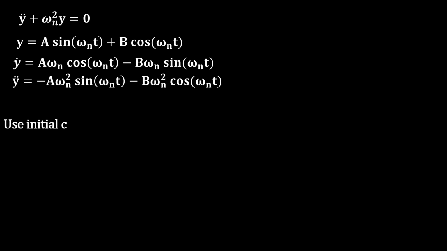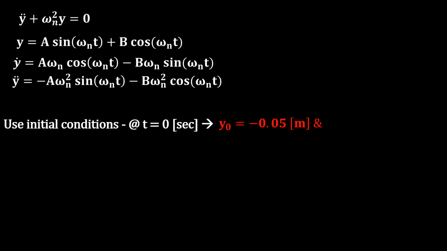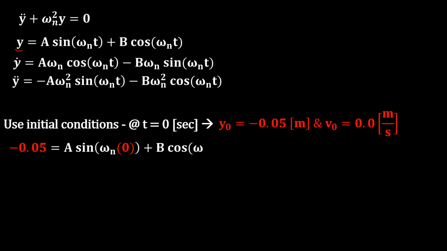And now what we will do is we will use the initial conditions that we got to plug into these equations to find the integration constants. So the position at 0 is minus 0.05 meter, and the velocity at 0 is 0 meter per second. So we can plug the values in the position function in here.